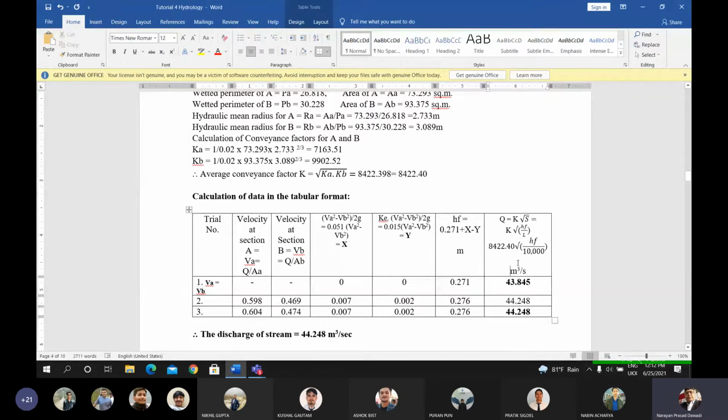If you divide 84,224.0 by the square root of 10,000, it will be a constant into the square root of HF, which will be the discharge value.